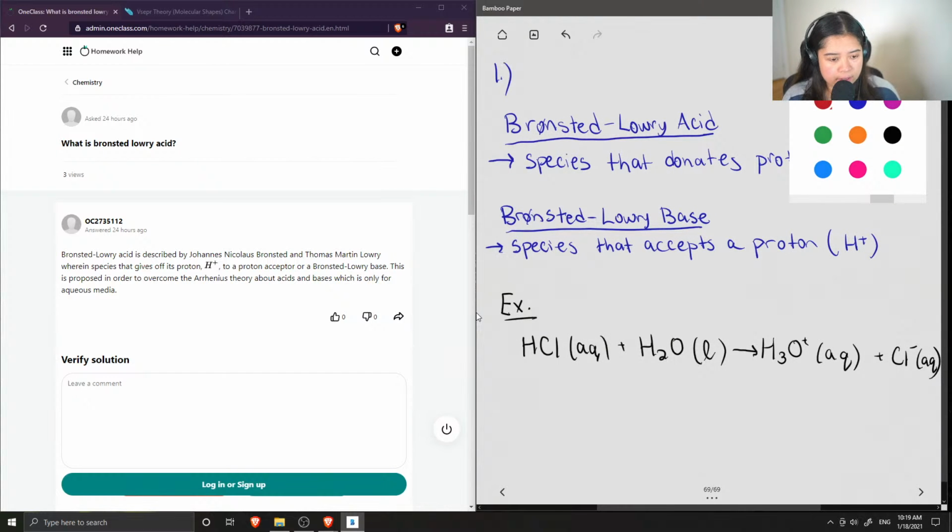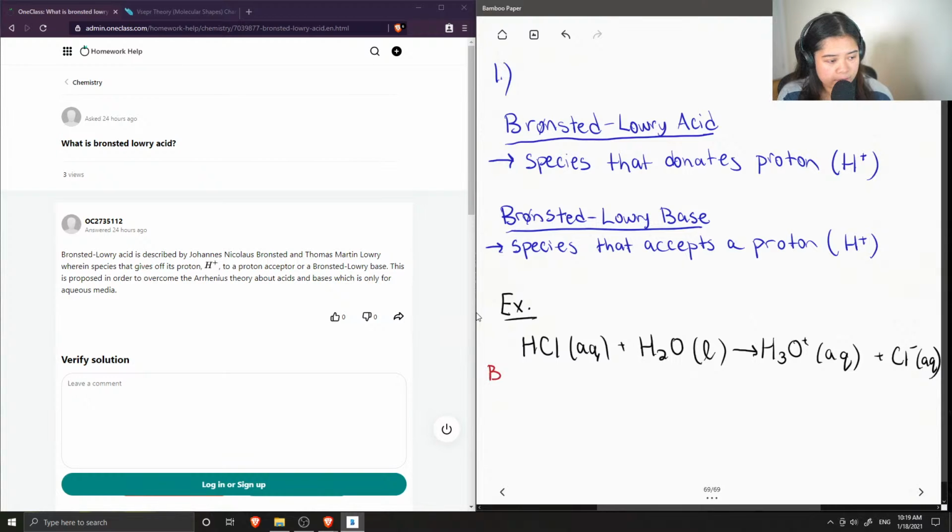In this case, our hydrochloric acid acts as our Bronsted-Lowry acid. And this means it donated one of its protons to the water, which makes our water the Bronsted-Lowry base. And the products of this reaction were H3O plus and Cl minus.